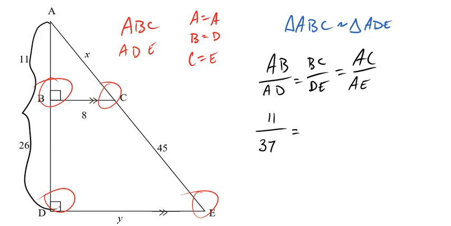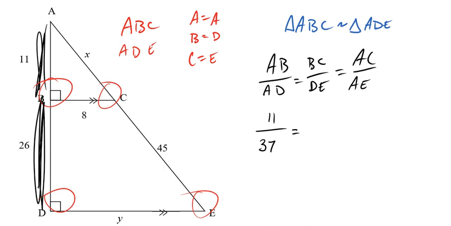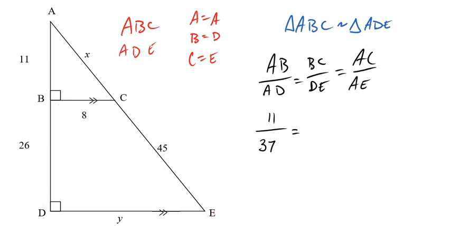It's the length from A to D. And if this is 11 and this is 26, the whole way must be adding them together, right? Okay, BC is 8. And DE is Y. A to C is X. And A to E is X plus 45. So this is the really tricky kind where you have X and X plus 45 in one of them.